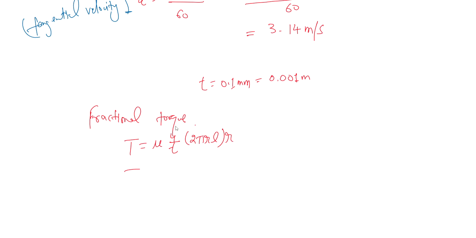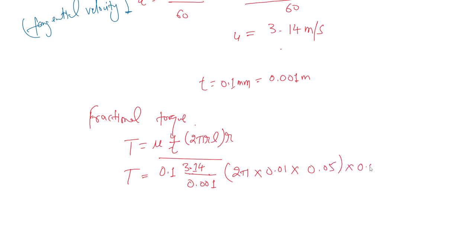Now I put in the values: mu is equal to 0.01, U is equal to 3.14 from here, divided by t, which is 0.001, and 2 pi into r, which is 0.01, and l is 0.05, and again r is 0.01.